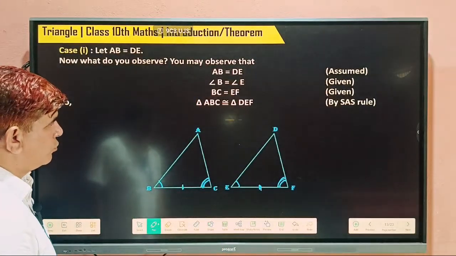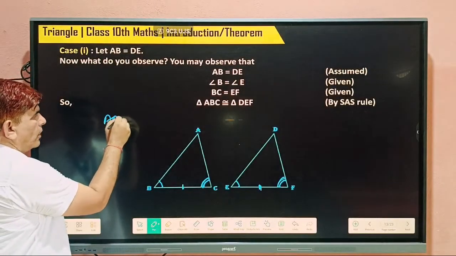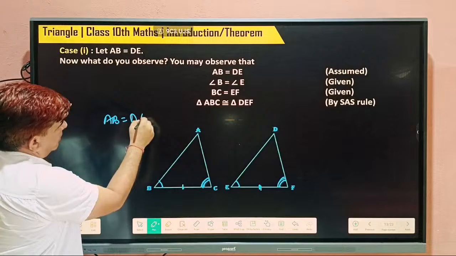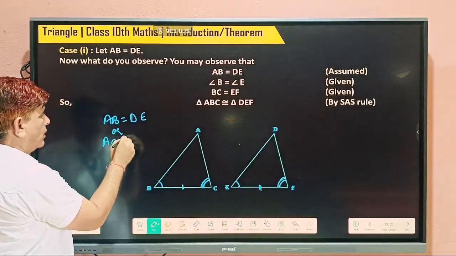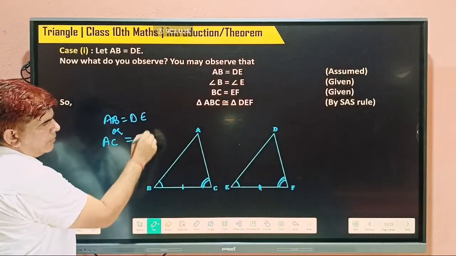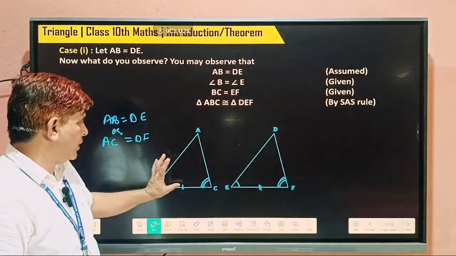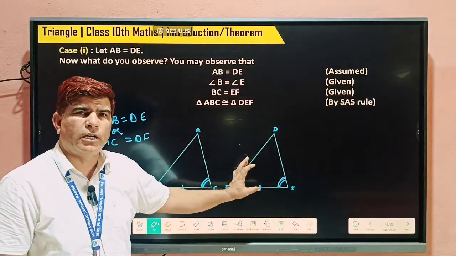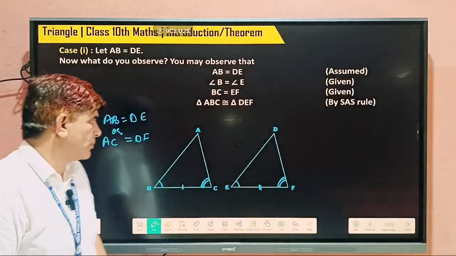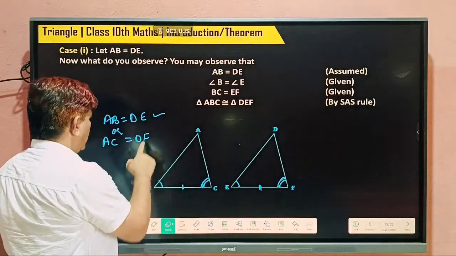So what do we have to prove? If we can prove AB equal to DE or AC equal to DF, then we can directly say two sides and the included angle are equal to the two sides and included angle. So what's the possibility? We are taking this part.